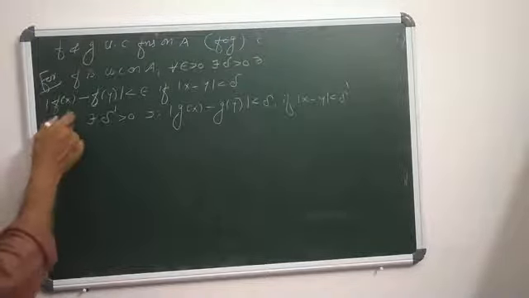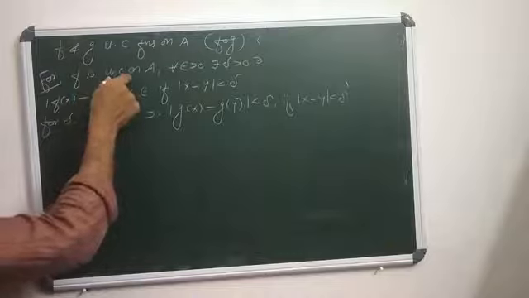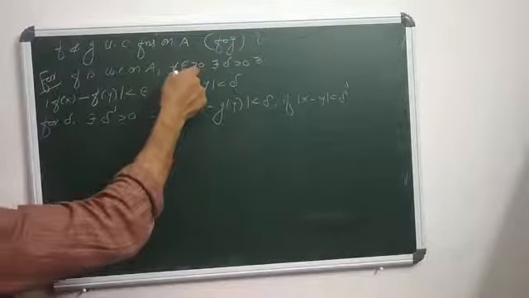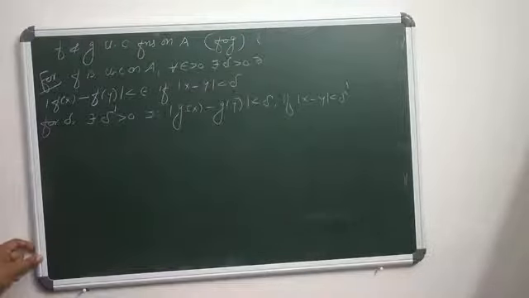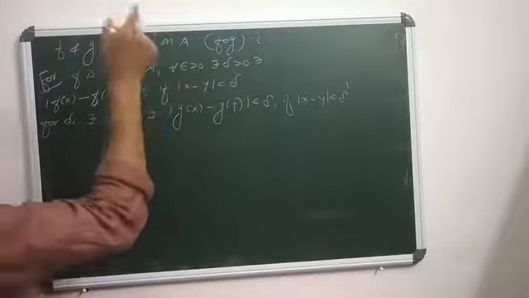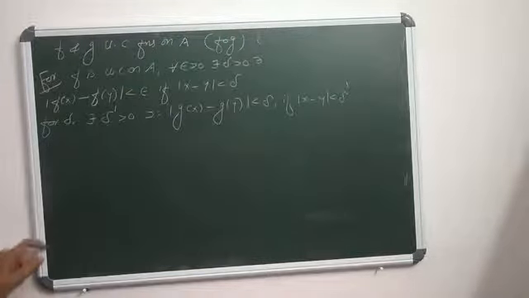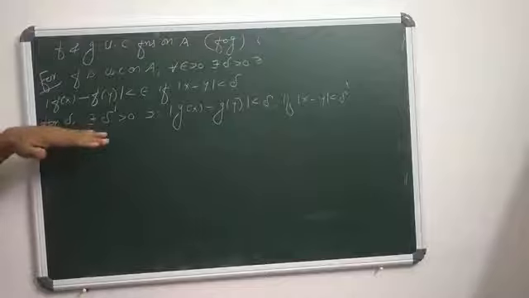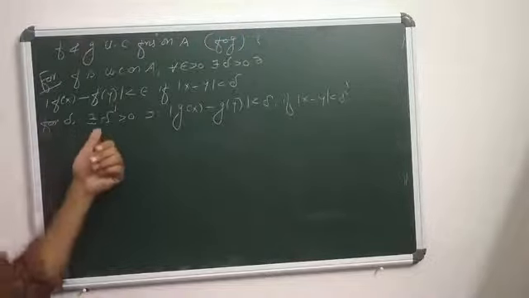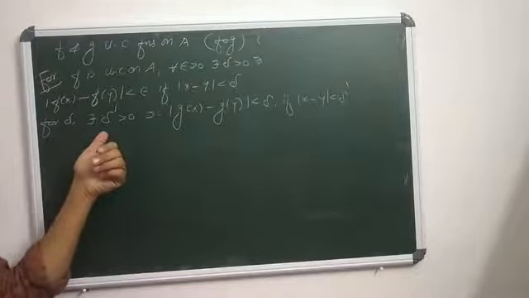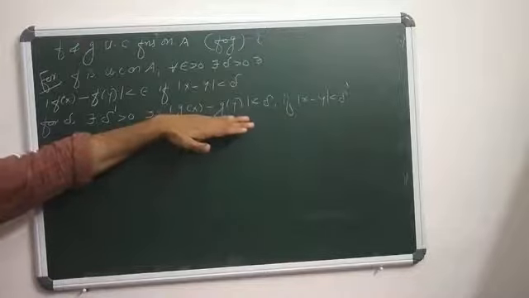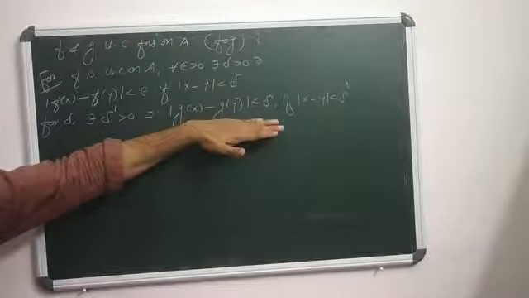No need of confusion. If f is uniformly continuous on A, then by definition of uniform continuity, for all epsilon positive, we can find a delta such that modulus of f of x minus f of y is less than epsilon provided mod x minus y is less than delta. Then that delta is fixed. If you fix that delta, there exists another delta dash that is positive with mod g of x minus g of y less than delta. Why?